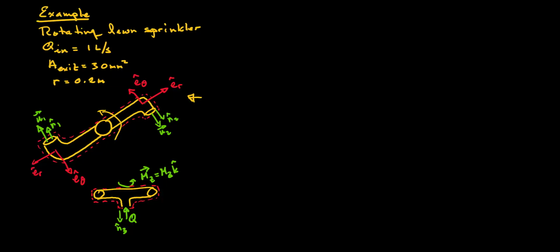Theta is in the tangential direction, in the direction of rotation of the control volume. We have the velocities exiting tangentially from the sprinkler. And here at the bottom, we show the control volume from a side view with the entering flow from the bottom, which is given to us as 1 liter per second.